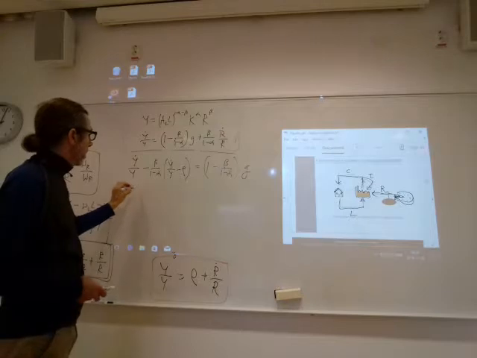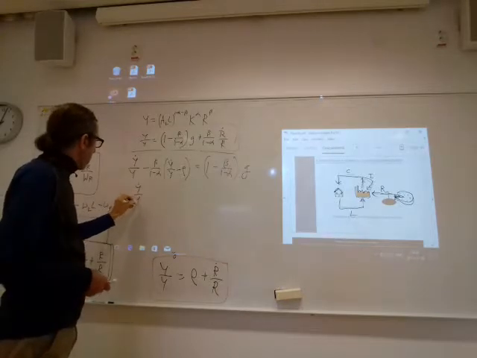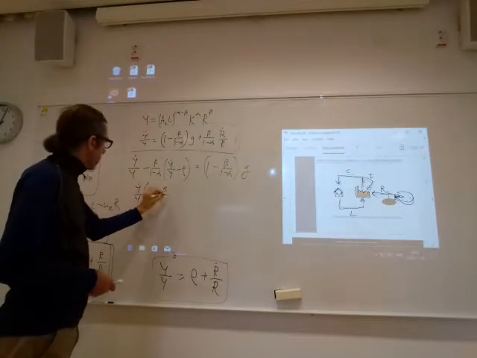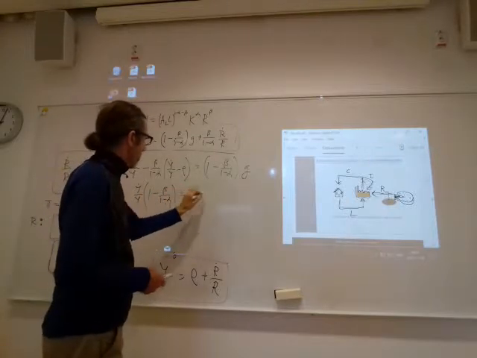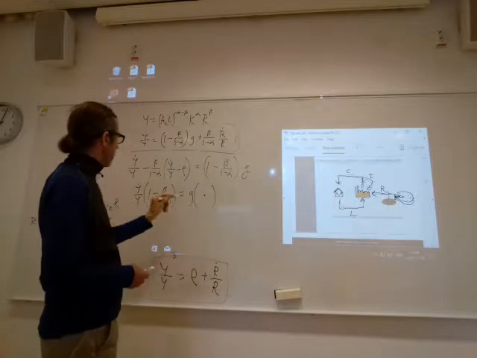So, Y dot over Y, 1 minus beta over 1 minus alpha, equals G, 1 minus beta over 1 minus alpha.